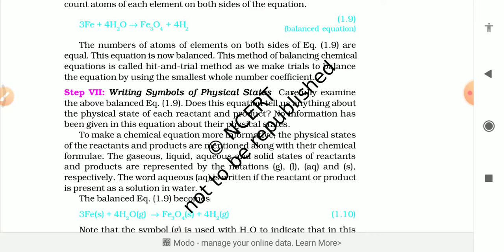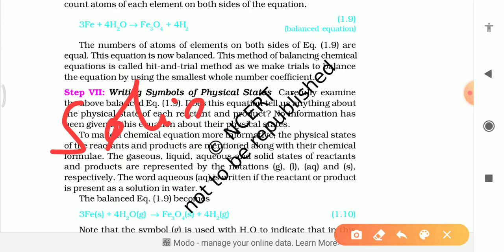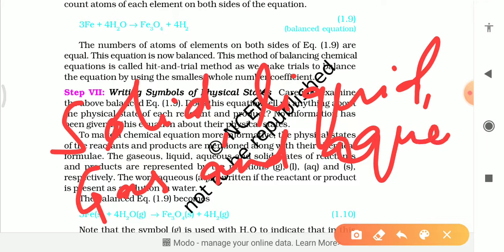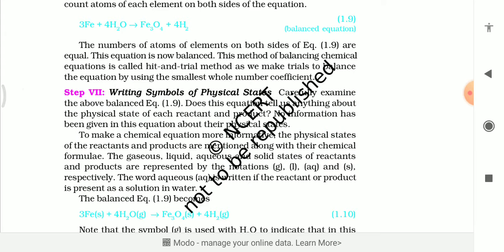In the physical state, we have to write these things: solid, liquid, gas, and aqueous. These words we can use to write the physical states.